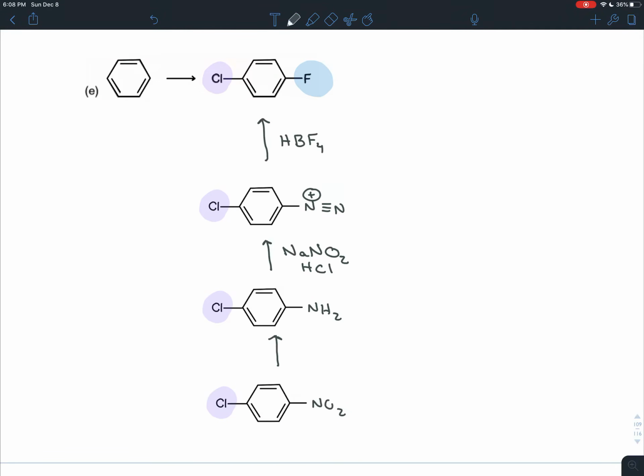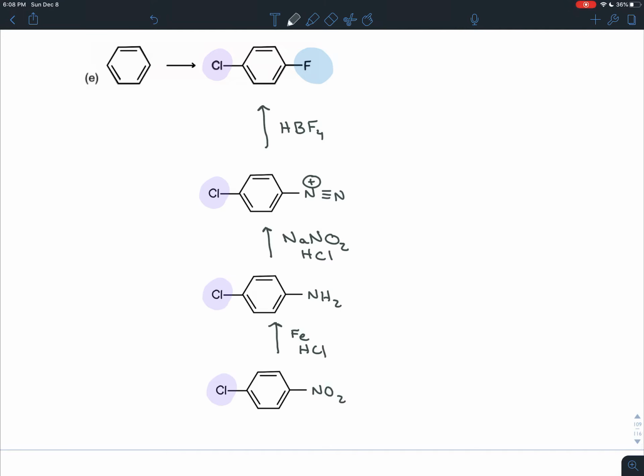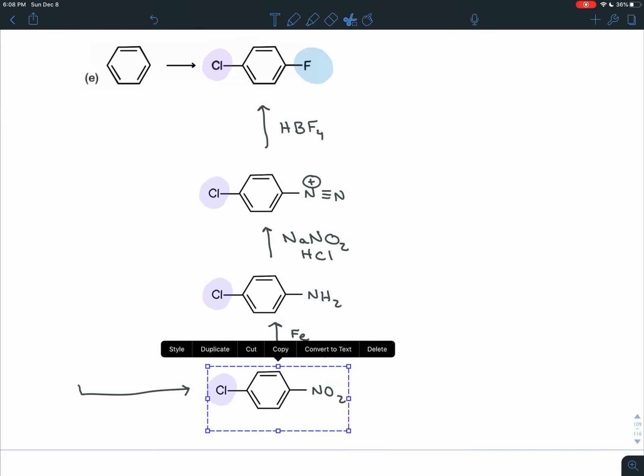If we reduce it with iron and HCl, and we could get the nitro group on by doing nitration.